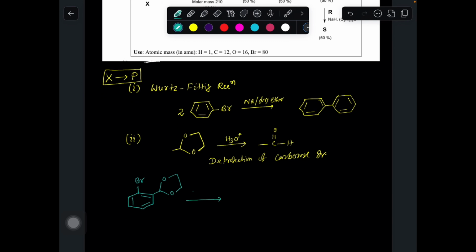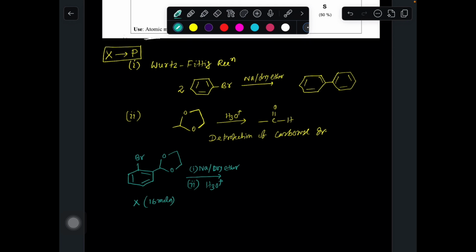In the presence of number 1, sodium in dry ether, and number 2, H3O plus, X is 16 moles, and you will get the product P, which is this biphenyl. 2 moles of X is reacted.